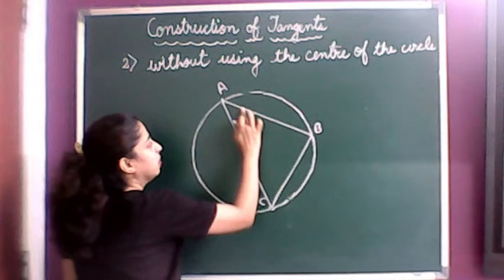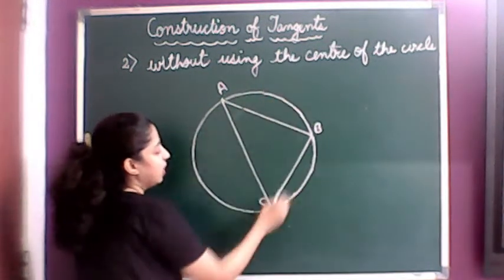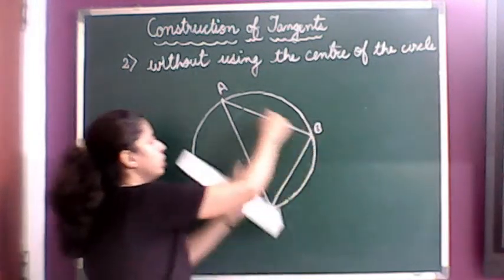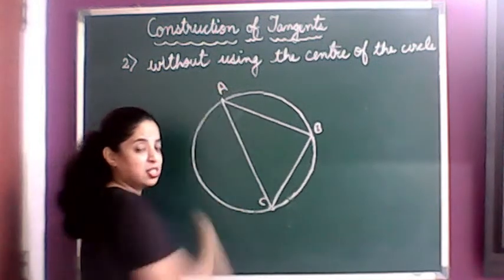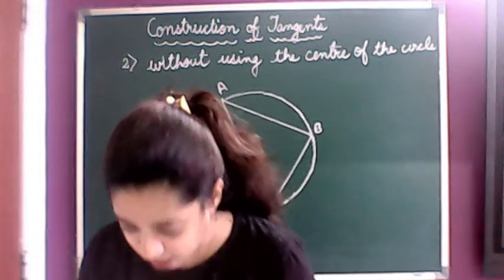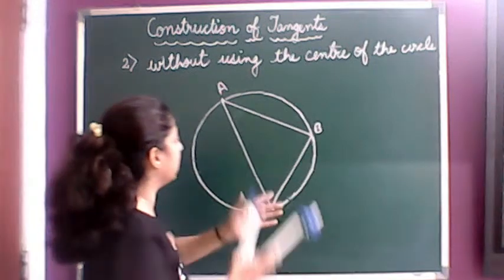Is this clear? So first you have drawn that circle. Then you have drawn a chord CB. The end point of this chord should make a triangle like this. So this is the angle on the circle. Is that clear, my dear students? Now let's make this angle and this angle equal.